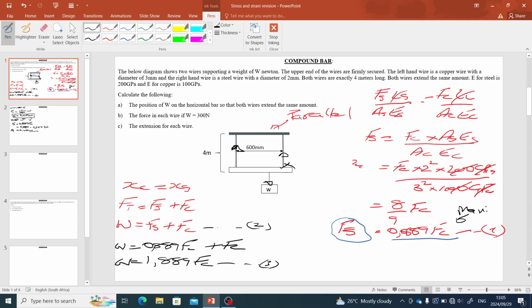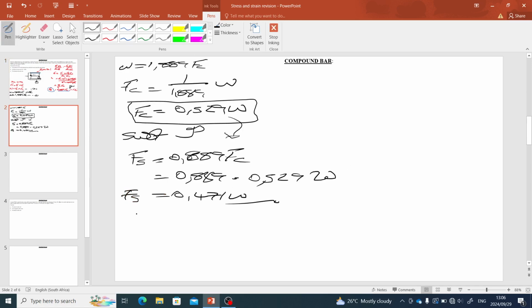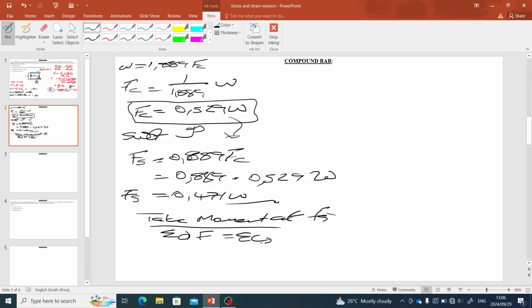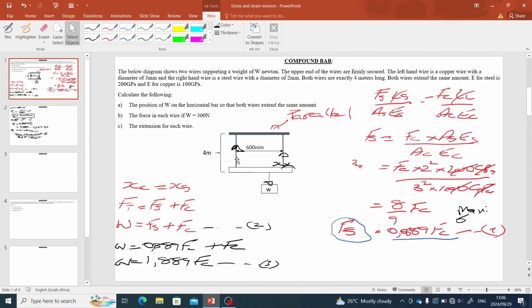Now it will be W multiplied by X, because the distance from here to there we said is X. But FC is multiplied by the perpendicular distance, which is 600.